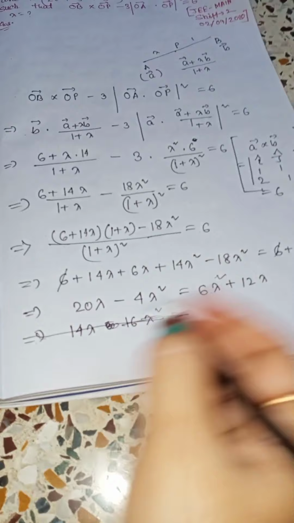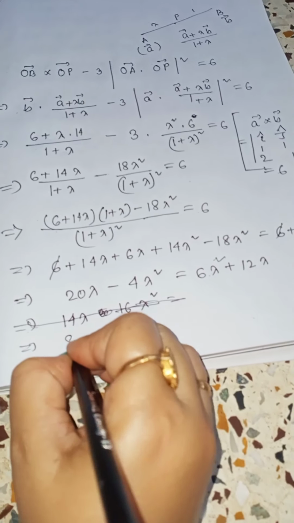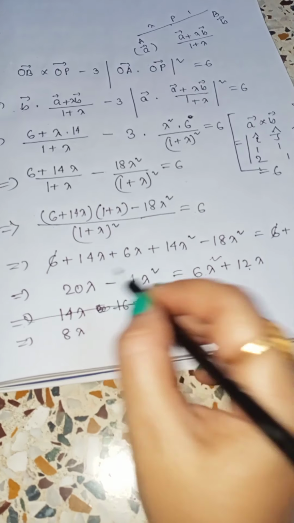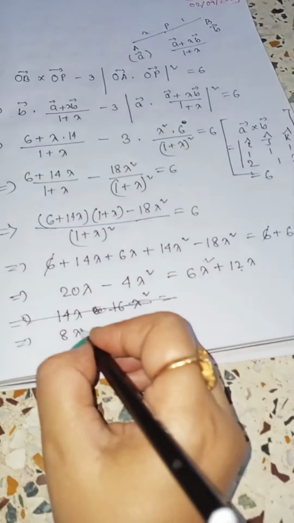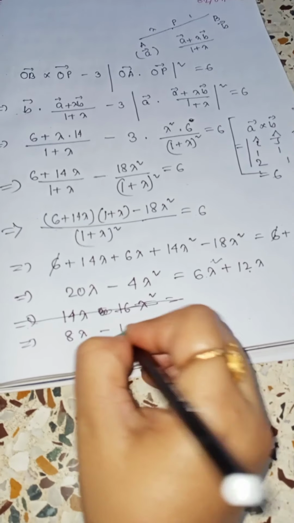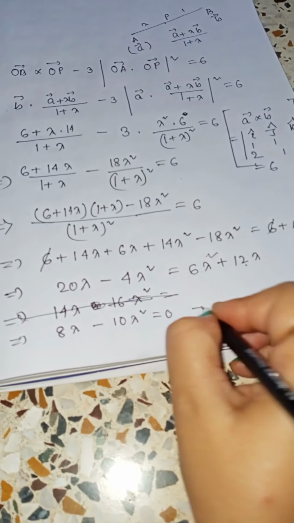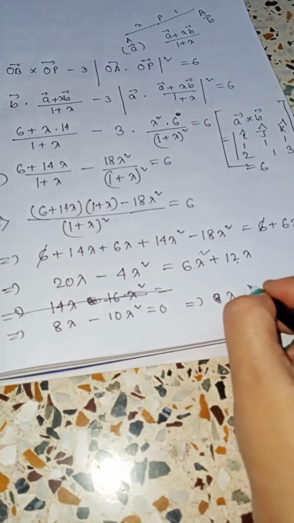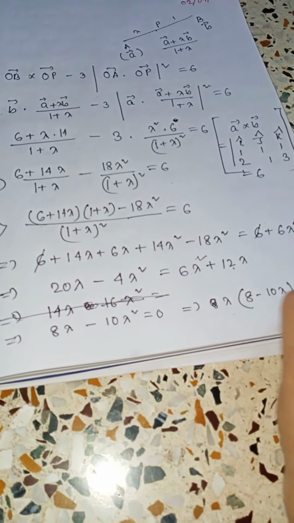Sorry, this is wrong. It becomes 20 lambda minus 12 lambda, which is 8 lambda, and minus 10 lambda square is equal to 0. That implies lambda times 8 minus 10 lambda is equal to 0.